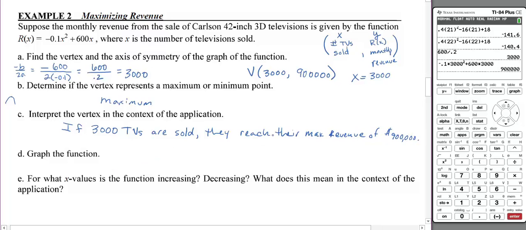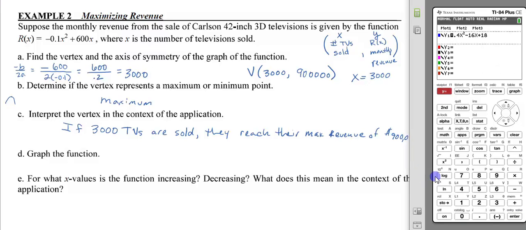We can graph the function. Let's go to y equals negative 0.1x squared plus 600x.